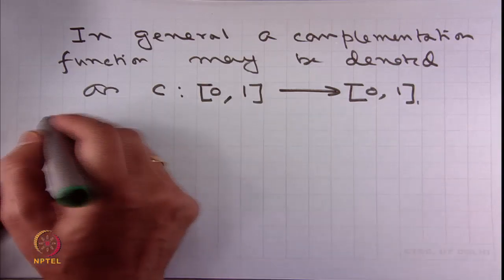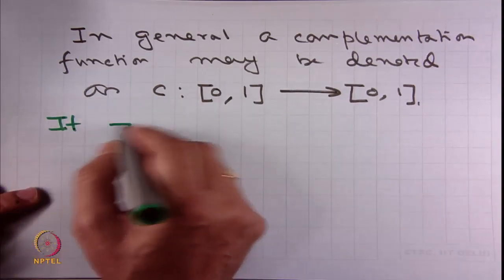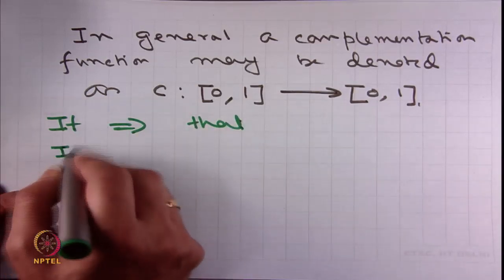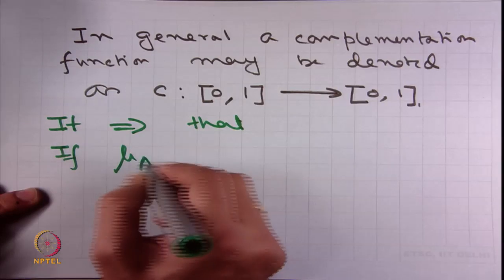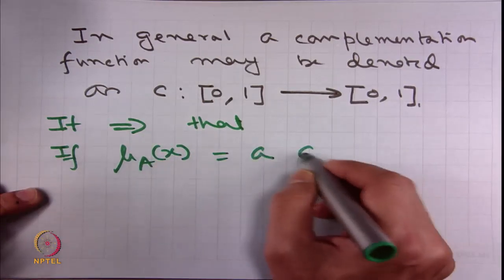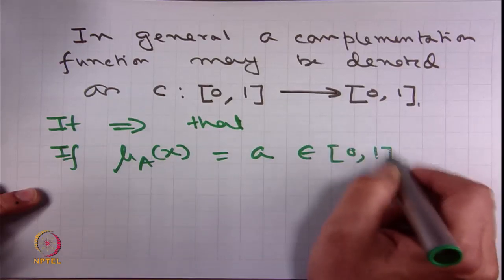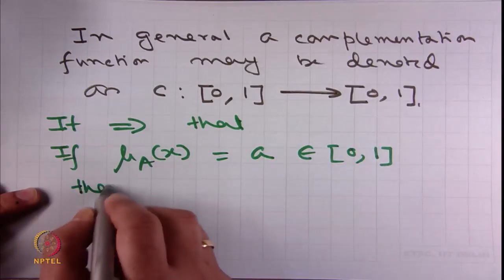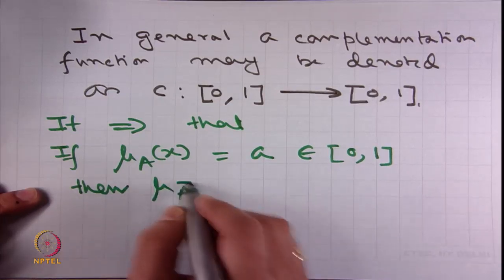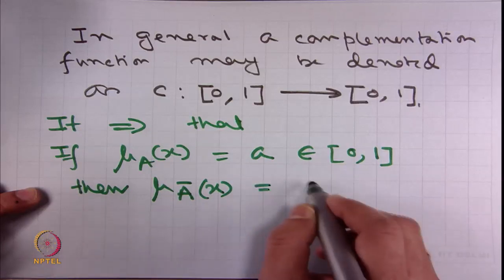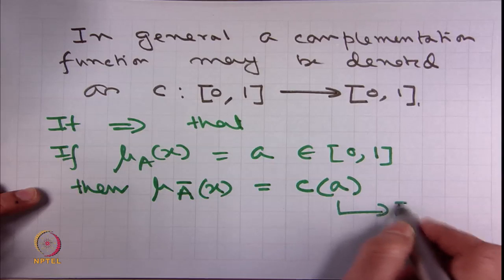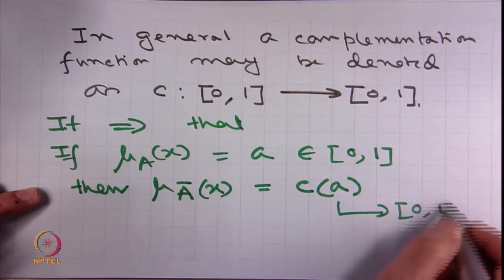It means that if mu a of x is equal to a belonging to 0 1, then mu a complement of x is equal to C of a, which again lies in the interval 0 to 1.